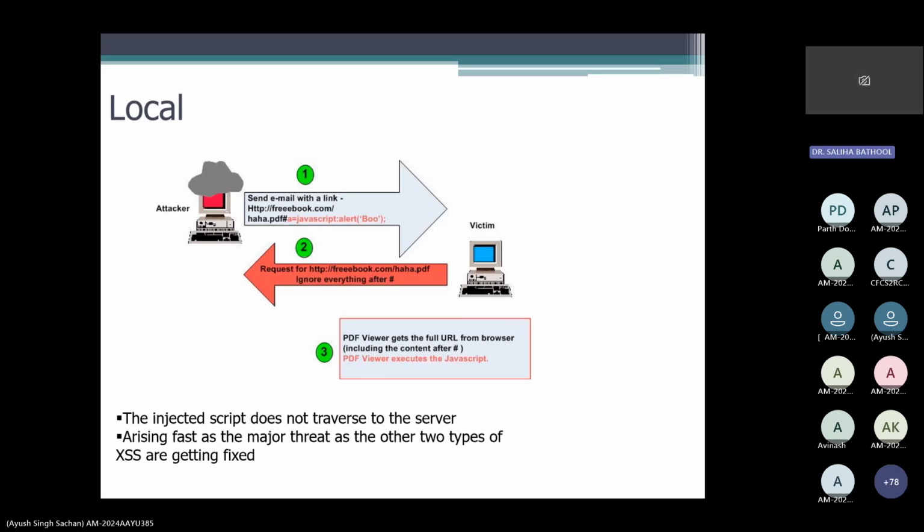Then automatically the victim serves all those things which the attacker needs, and the script can be injected in the process. The injected script does not traverse to the server, arising as a major threat compared to the other two types. I believe we usually go through this kind of thing with DOM based.